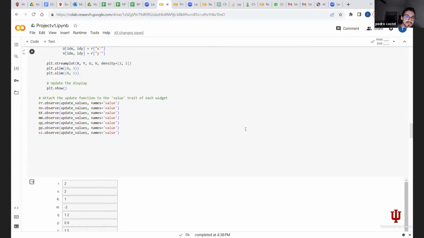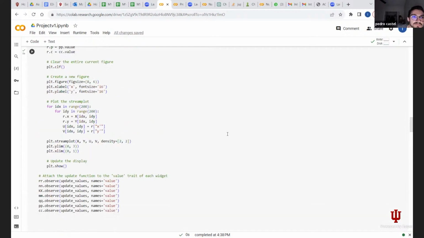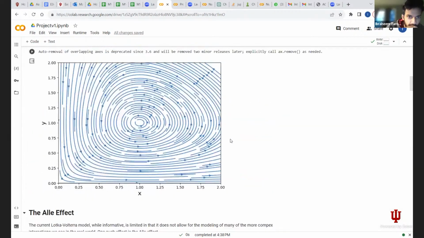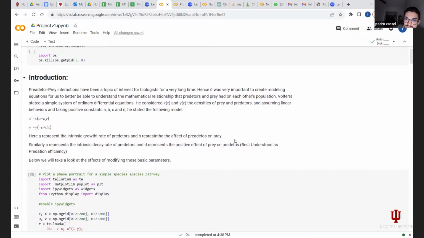I have a few questions and commentaries. First of all, in your introduction, since you will publish it, I think, people could disagree, but if you read this again: to create modeling equations for us to better understand the mathematical relationship that predators and prey had in each other's population.